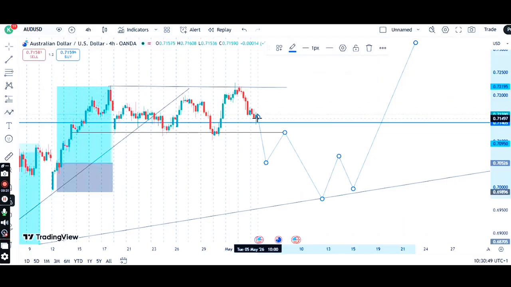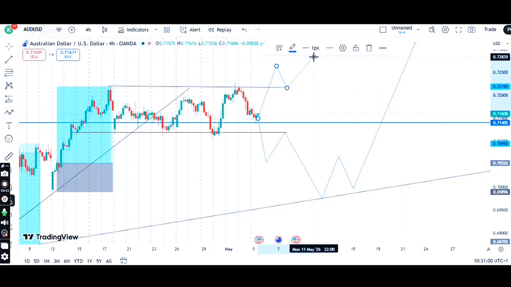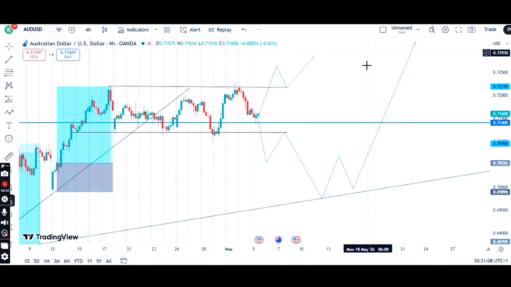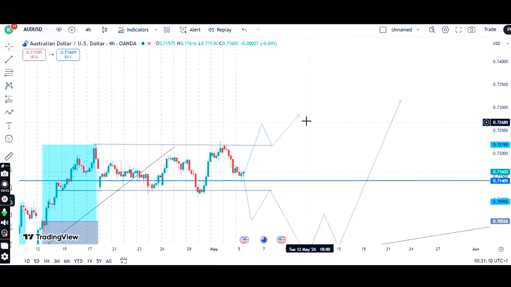Or you expect the market to first of all go up, break this particular structure, return on it in form of a retest, and then keep going up. Okay, this is exactly what you should expect from the market until it hits the next level.